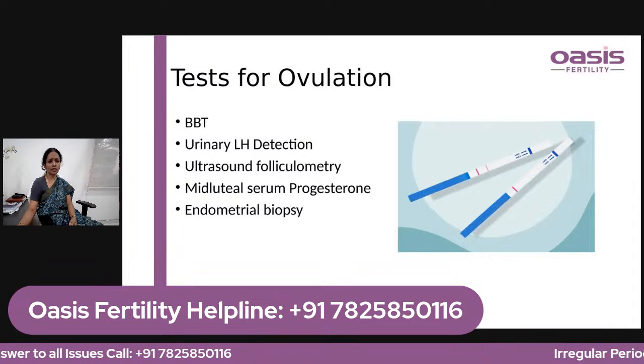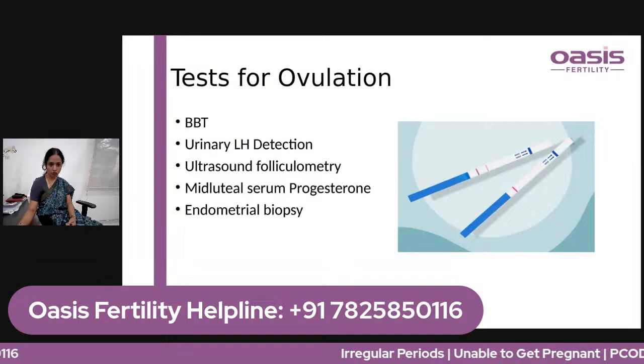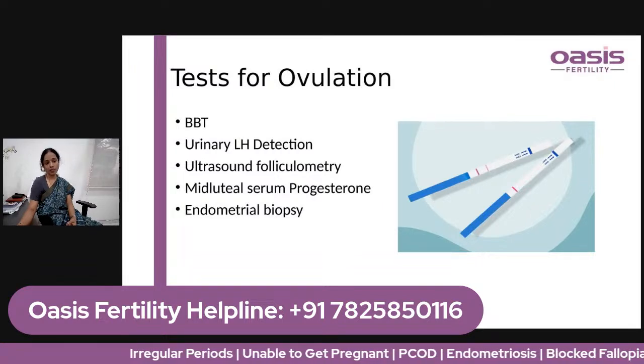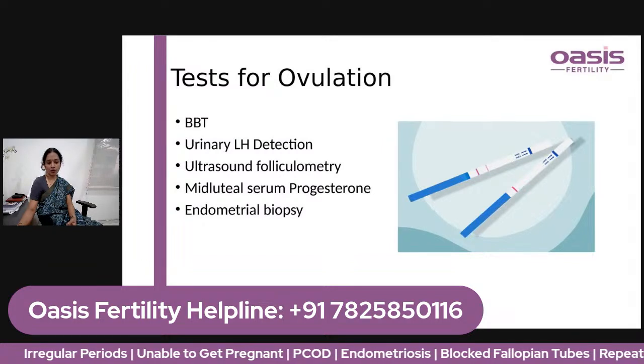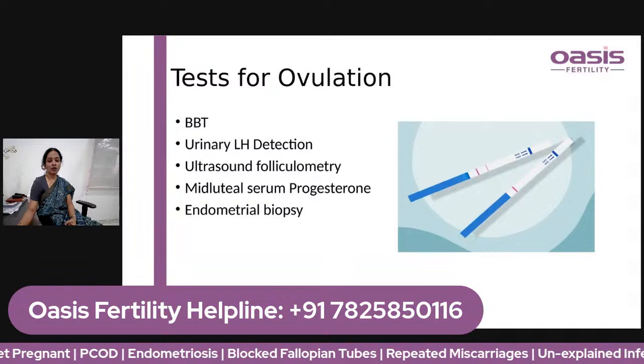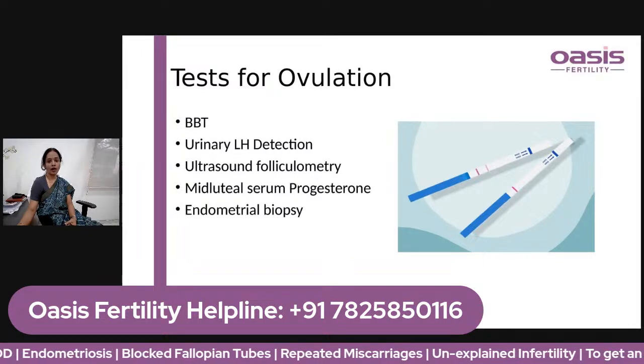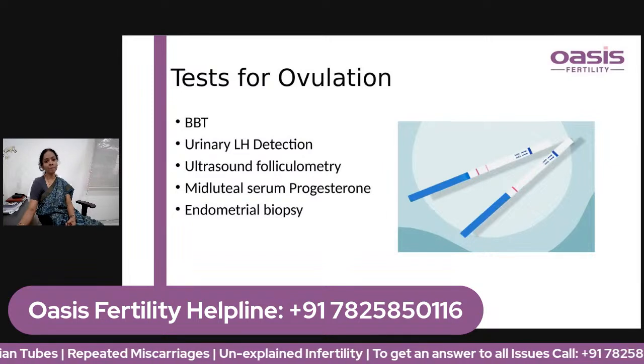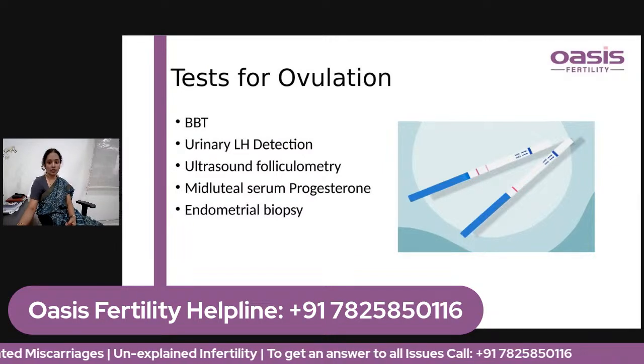But the most commonly done one is by scan, where we can track the growth of the egg inside the follicles. We track the follicular growth in the ovaries and then we can predict ovulation by ultrasound tracking. The other commonly done test is a blood test to measure the level of the hormone progesterone in a woman's body so that we understand if ovulation has happened or not.